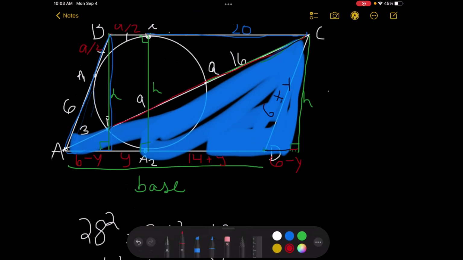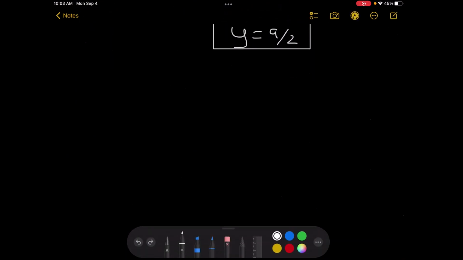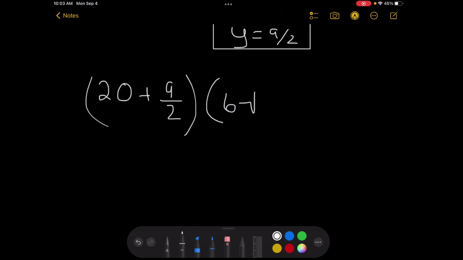Let me do it somewhere else. So our base is 20 plus 9/2, which is 49/2. Right, that's our base length. And our height length, h, is 6√3, as we discovered a while ago.